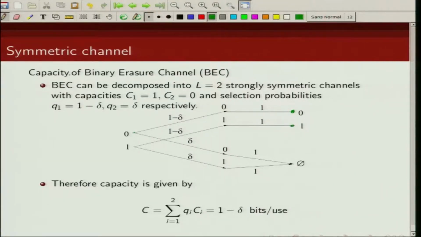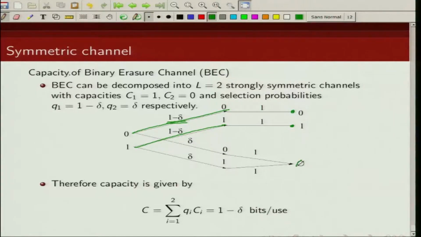Similarly, you reach 1 from 1 with probability 1 minus delta, and from 1 you cannot reach 0, and from 0 you cannot reach 1. So they have the same focusing, and that is given by 1 minus delta. So the selection probability in this case is 1 minus delta.